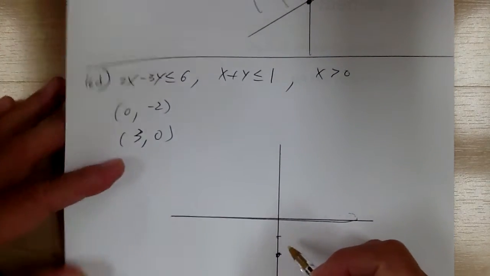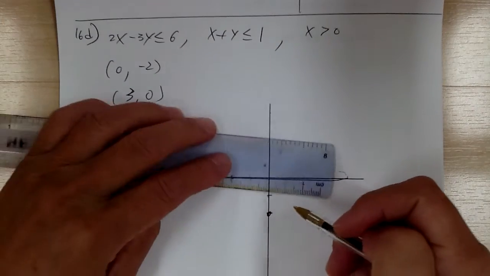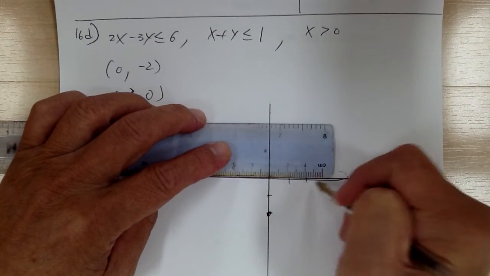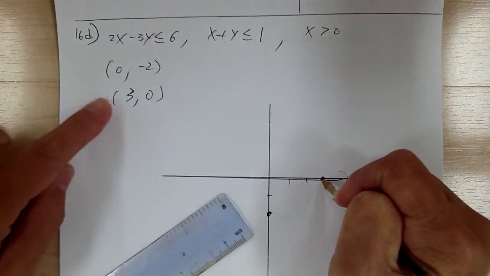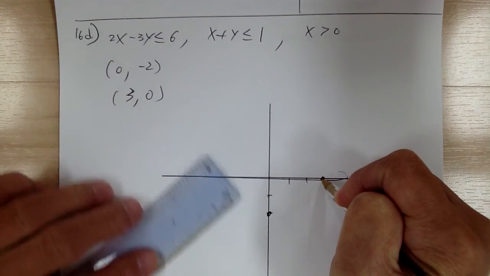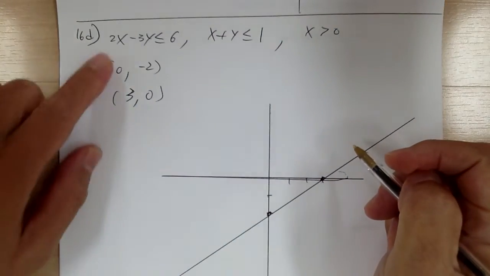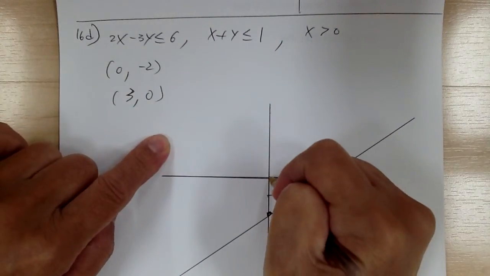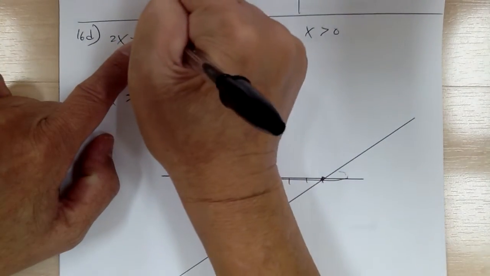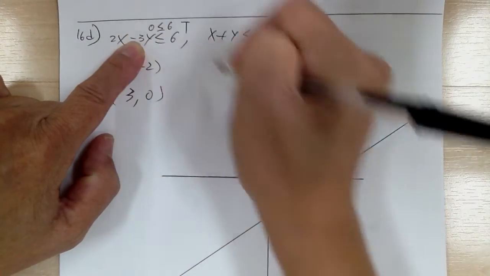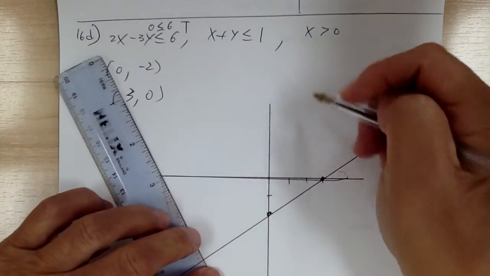So you got (0, negative 2) and (3, 0), and this would be a solid line. For the testing point, you put (0, 0) in here, you get 0 less than or equal to 6, and that's true. So you're going to shade in this side.